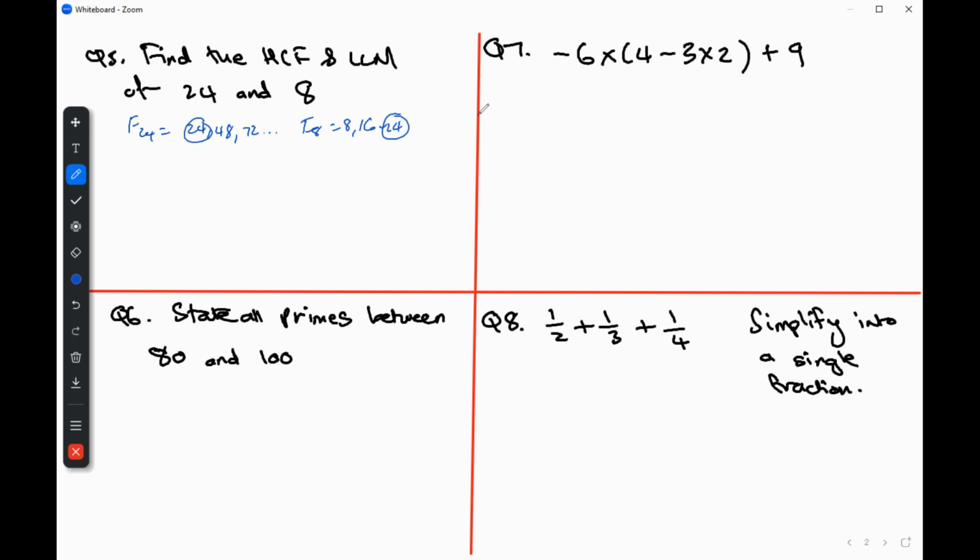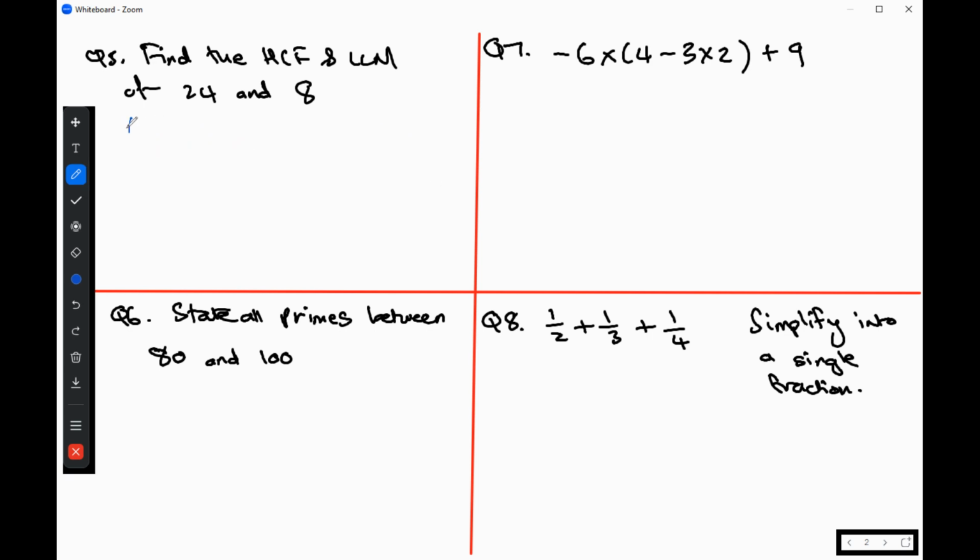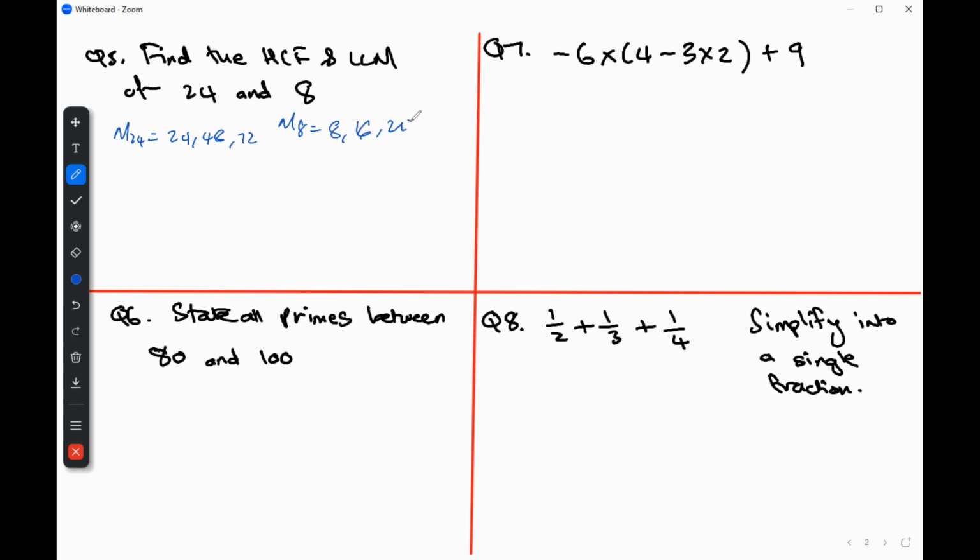Now, we're saying that 8 times 3 is 24. All right. Oh, sorry, that's multiples. Let me just double check that. That was multiples. I'll just change this into an M. Multiples of 24 can start from 24, but it gets a bit too big. 48, 72. Multiples of 8, which makes more sense now, because that's why it is 8, 16, and 24.